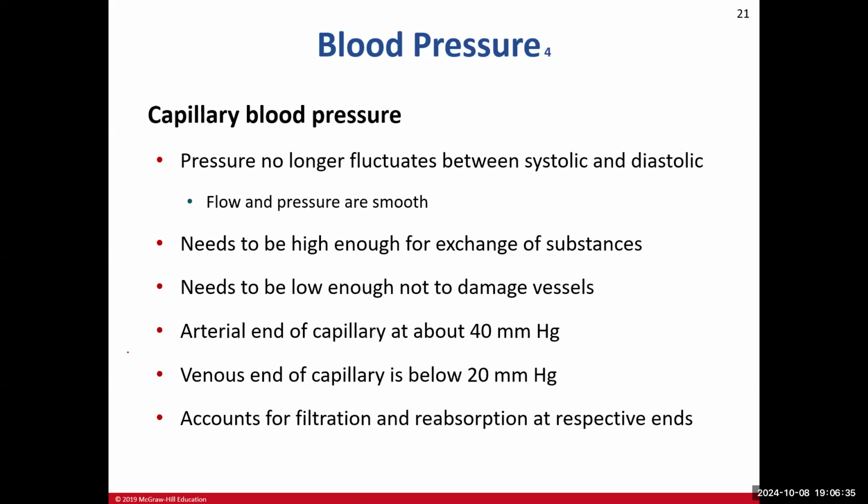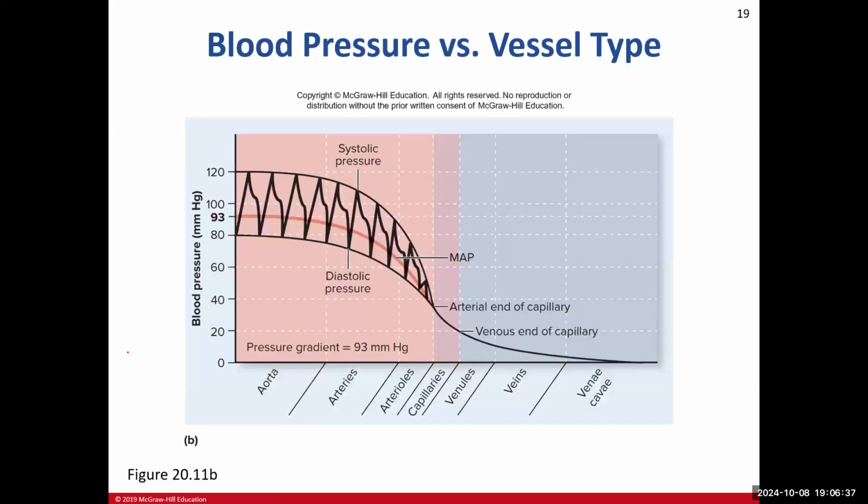So now, going back to this picture here, as we get further away from the heart to the capillaries, we see that our blood pressure starts to get less and less, and it starts to get closer to the 0 value. But in the capillaries, there's still some pressure going on. And you can see from the arterial end of the capillary to the venous end of the capillary, it falls off a decent amount.